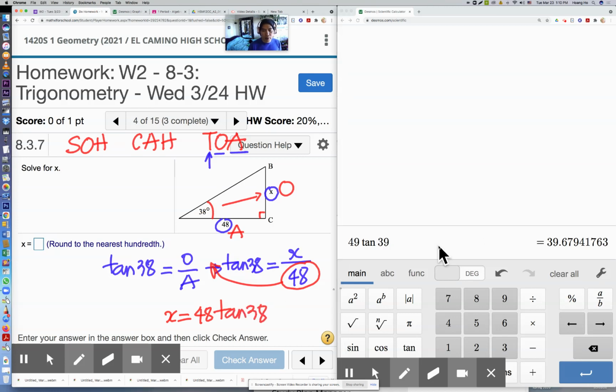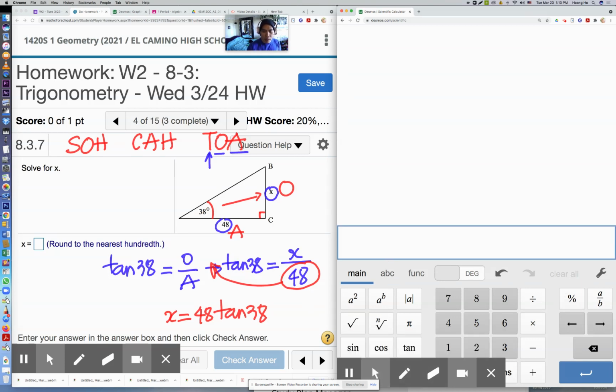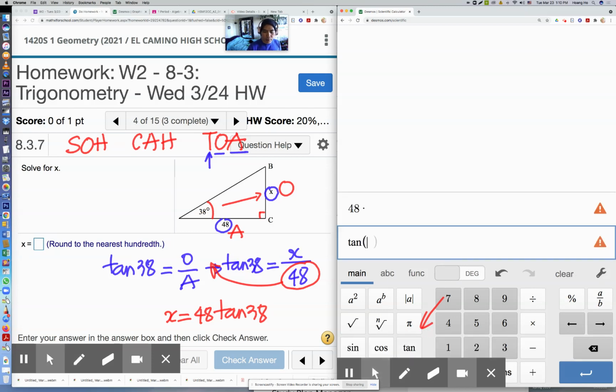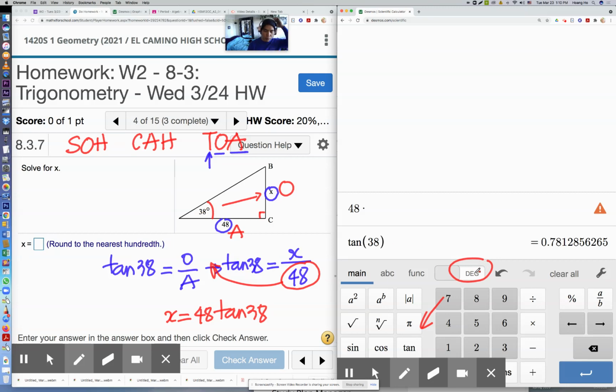Now go to my calculator over here. Let's clear everything. 48 is a known number, so I type 48, multiply, tangent. There's a button for tangent, you see that? I click on that button and put 38. By default, the calculator is already in degree mode, and you use degrees, 38 degrees, so the calculator should be in degree mode.